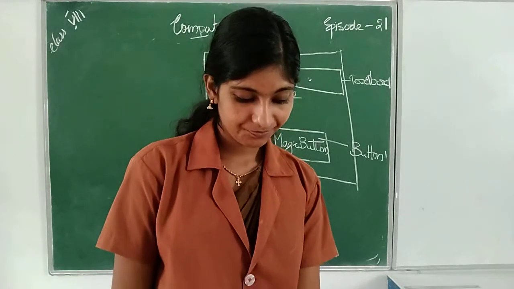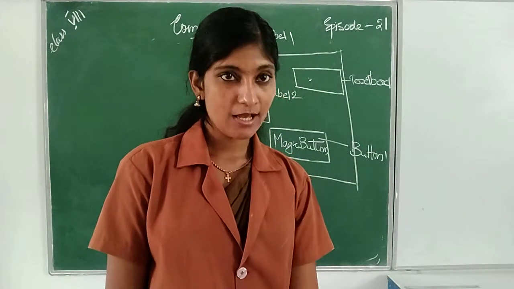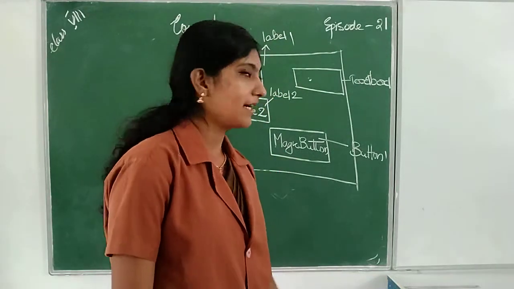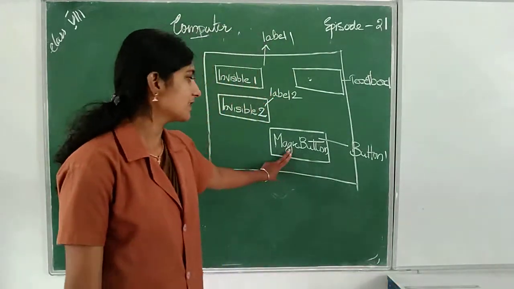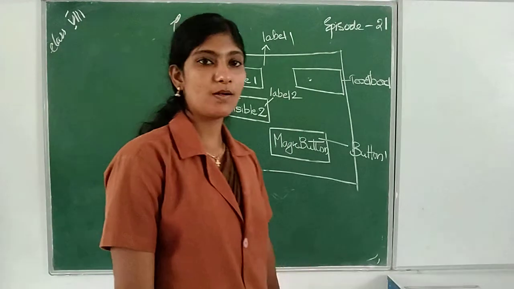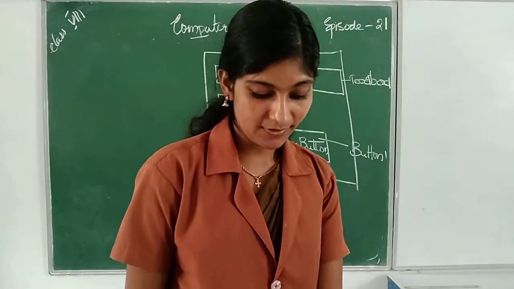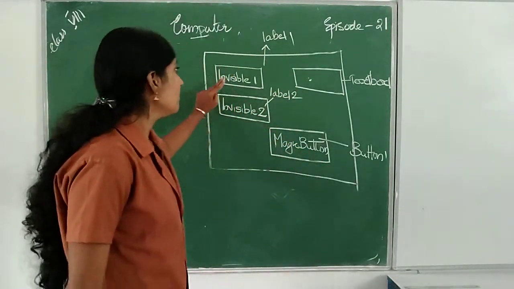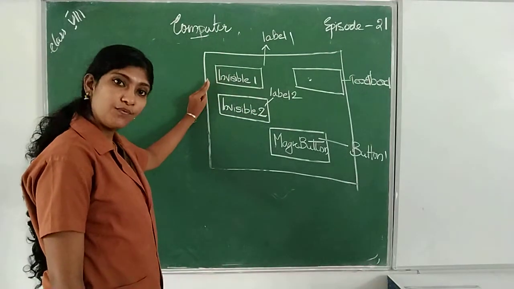So let's see the code. First, click on the button, the magic button, and then write the first line: Label1.Visible = False.